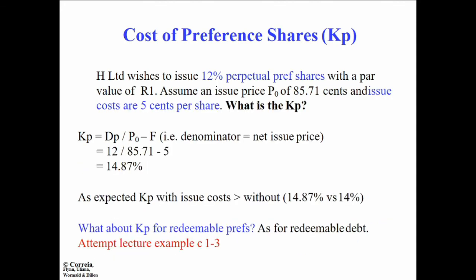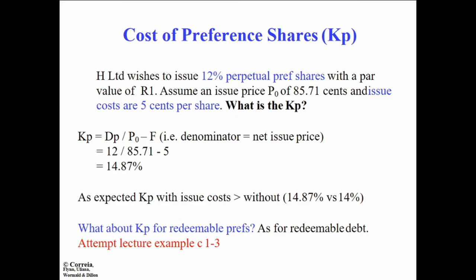So if we look at this example, which is similar to the previous example, except here there are issue costs which are 5 cents per share. So we want to know what is the cost of preference shares. So here again, the formula is similar to the previous formula, except we need to take into account the flotation costs.